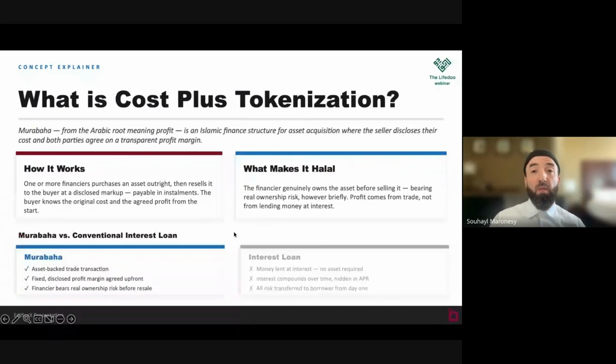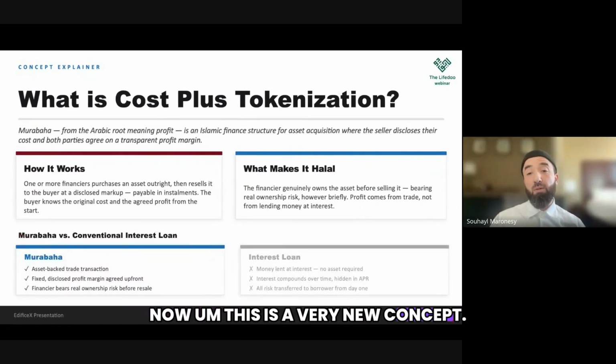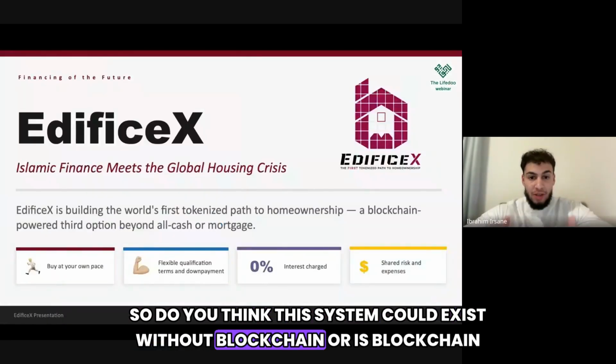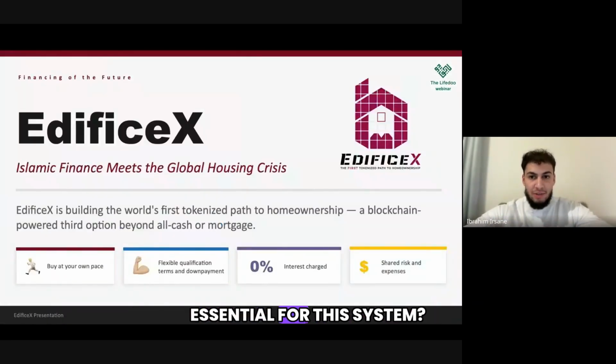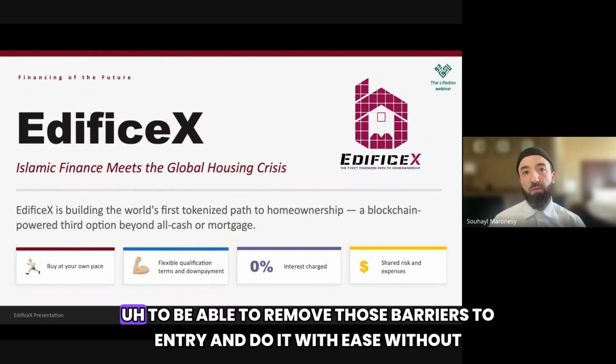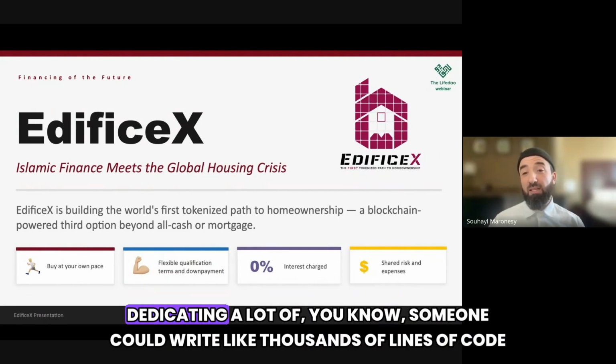So now this is a very new concept. So do you think this system could exist without blockchain? Or is blockchain essential for this system? So I think for the scalability and global investment, yes, blockchain is essential to be able to remove those barriers to entry and do it with ease without dedicating a lot of resources.